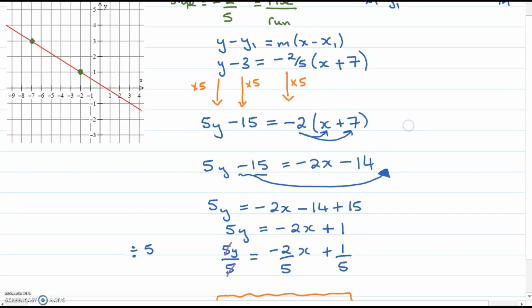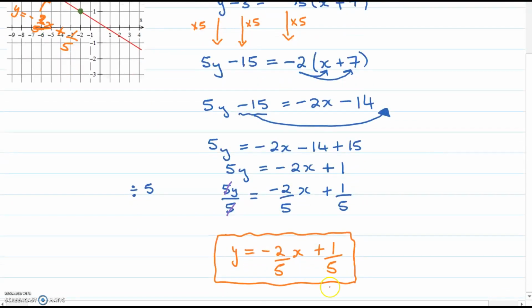And if we go back to our line here, the equation of this line is y equals negative 2/5 x plus 1/5. Sorry, that's a little bit difficult to read. We already know the slope is negative 2/5. The other thing that's interesting is this 1/5 at the end here.